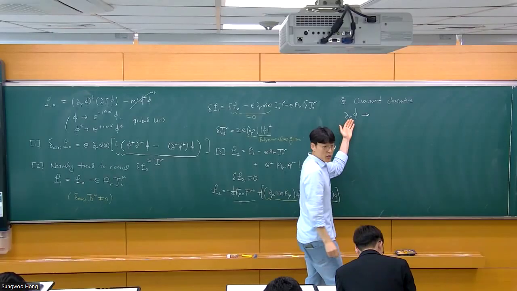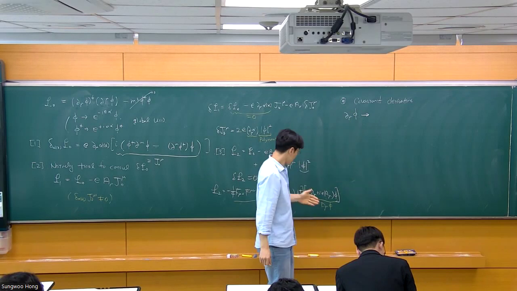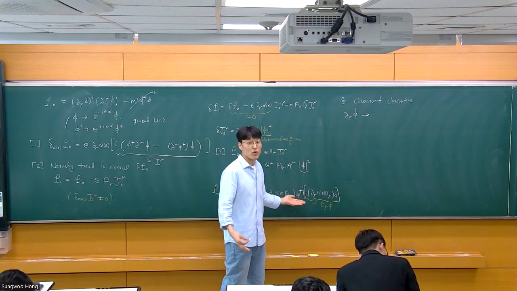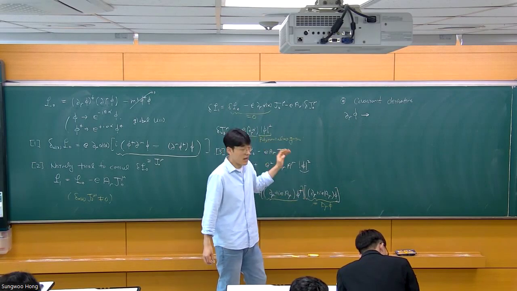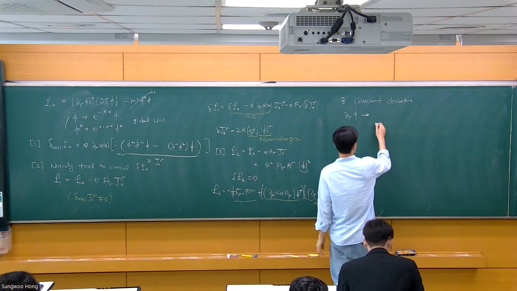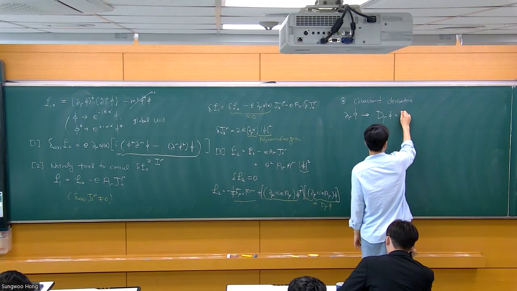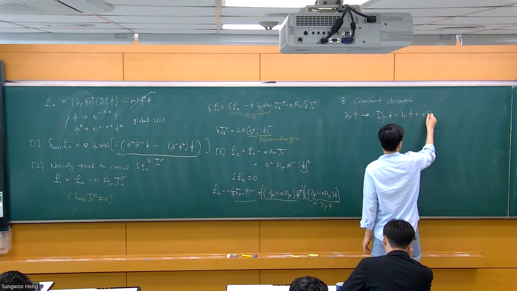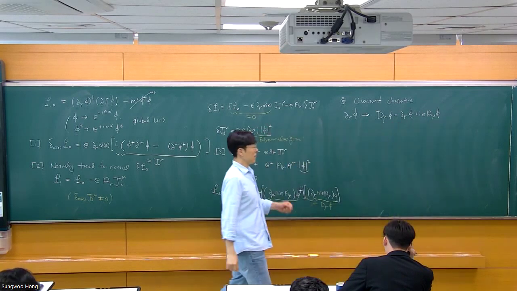So the minimal prescription, hopefully you see why I called it minimal, because this is the minimal amount of structure you have to have in order to be at least consistent with the gauge invariance. That was turning this into a covariant derivative, and it had a form with a partial derivative, plus e times the gauge field, times phi.